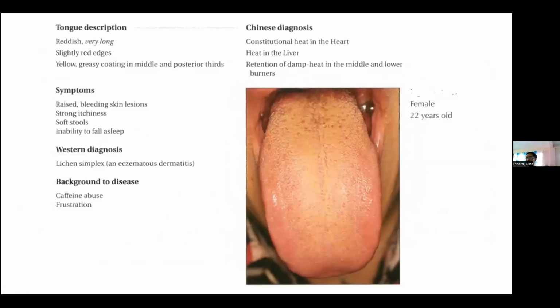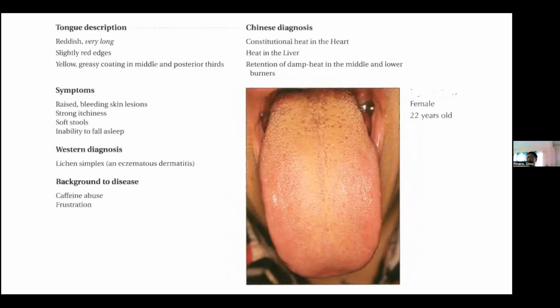So another case, a female, 22 years old. The tongue is reddish, very long. So there's a constitutional heat in the heart and presence of slightly red edges. So there's heat in the liver and a yellow greasy coating in the middle and posterior third. So there's a retention of damp heat in the middle and lower burner.